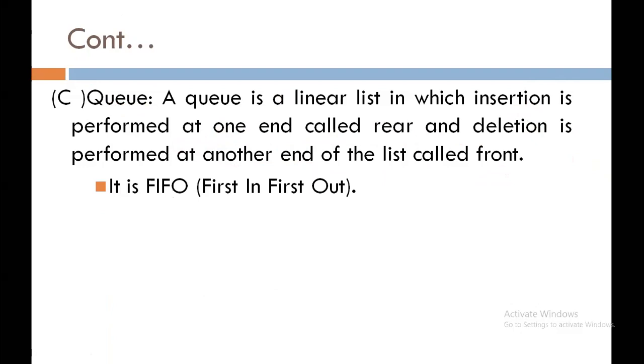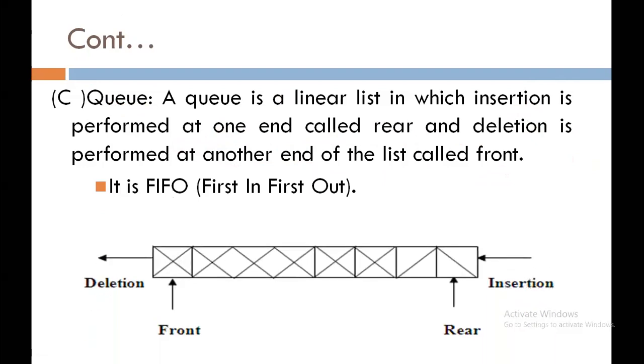Let's see the queue data structure with a diagram. This is a queue. Now here for insertion, one end is open, and for deletion, another end is open. The insert operation is performed at this end, and it is called the rear end. The end at which the delete operation is performed is called the front end.